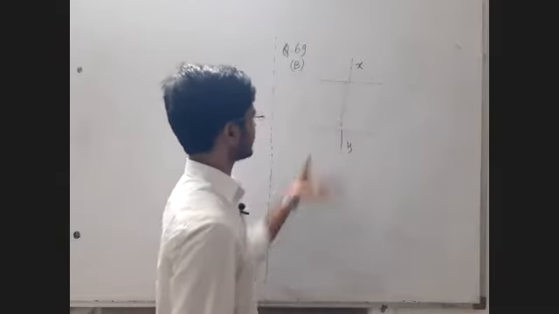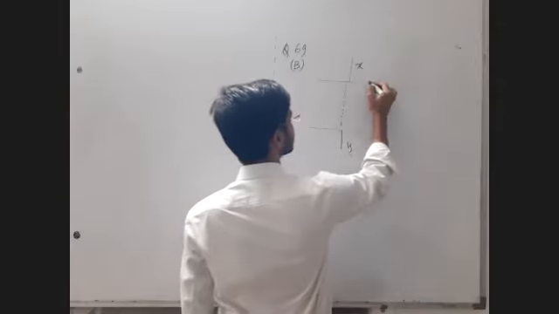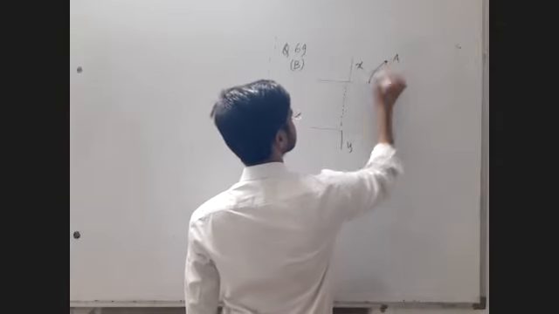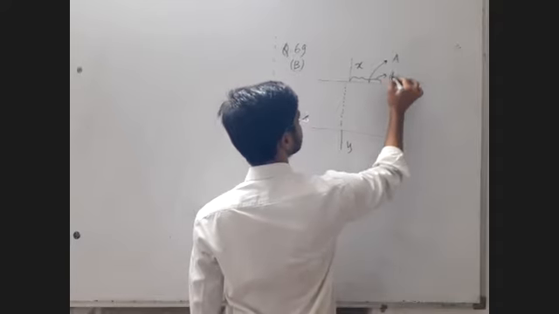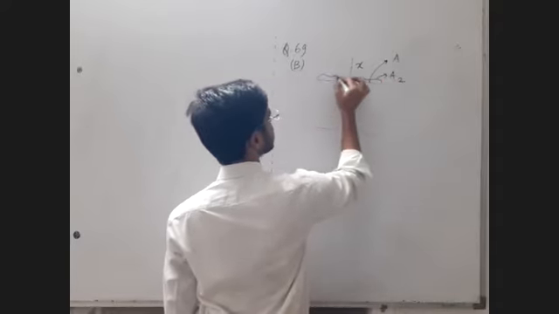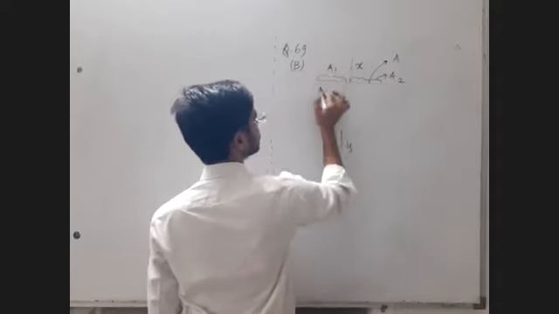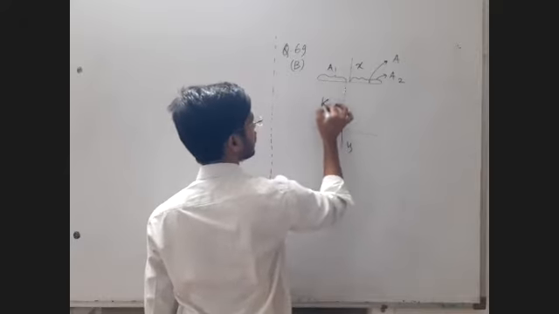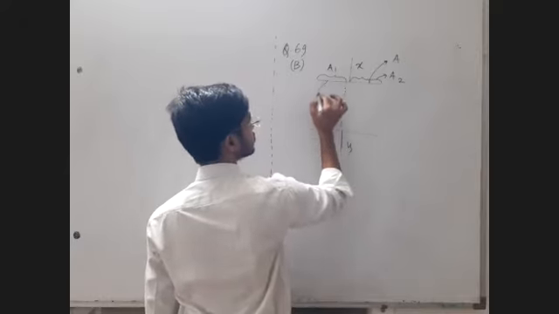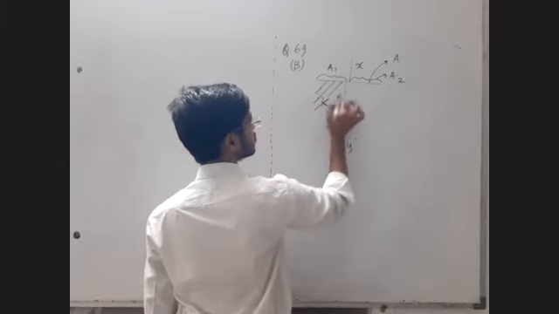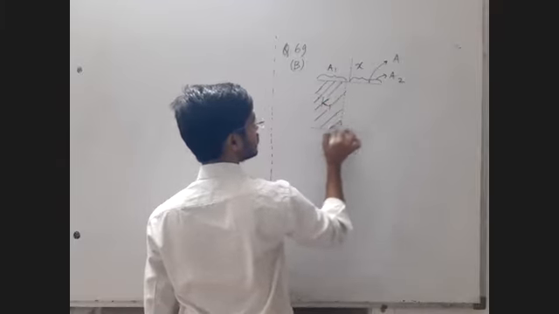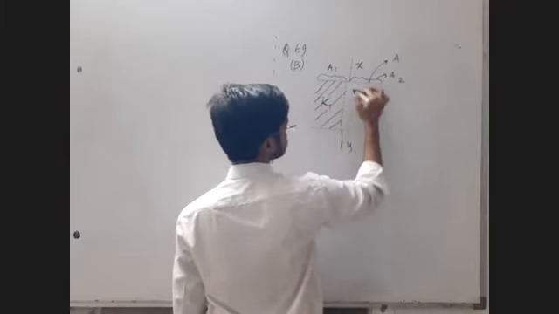Total plate area is A. This much area is, let's say, A2. This much area is, let's say, A1. This is the dielectric with dielectric constant K1. This is the dielectric with dielectric constant K2.